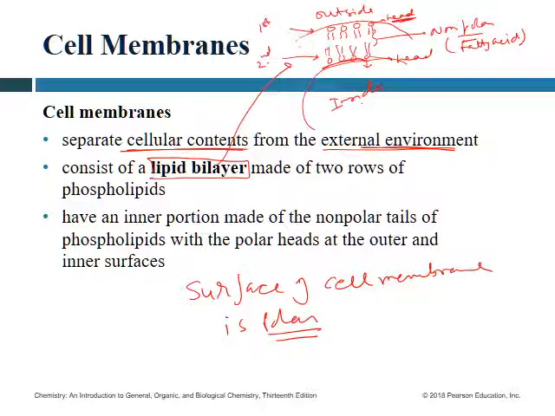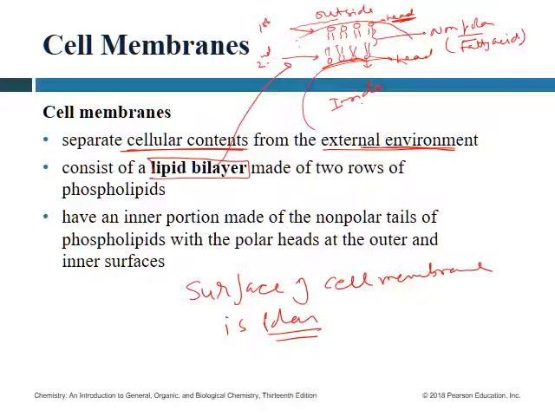So why is the lipid bilayer formed this way? Because in the outside environment of the cell we have some blood and water, and blood and water are polar molecules, so the head of the glycerophospholipid has to be on the outside because polar interacts with polar.